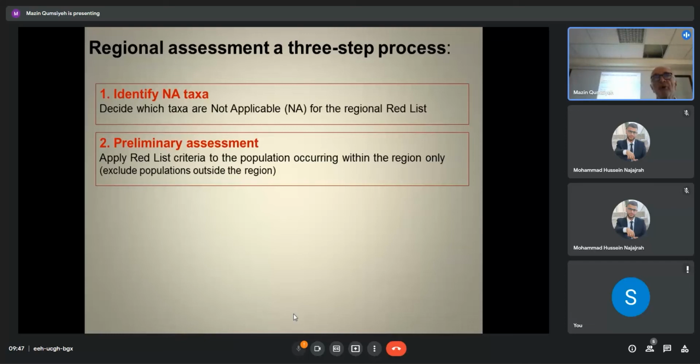And this is very important because as you have many plant species, 1,200 or 1,300, I don't remember exactly the number, it's very difficult to make a global red list assessment for all the species. So you have to start with the species you think or you presume are threatened.